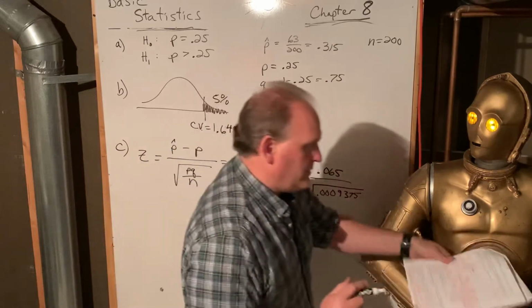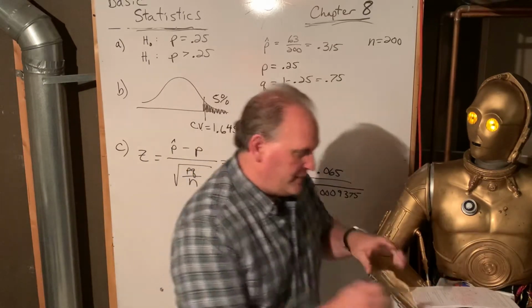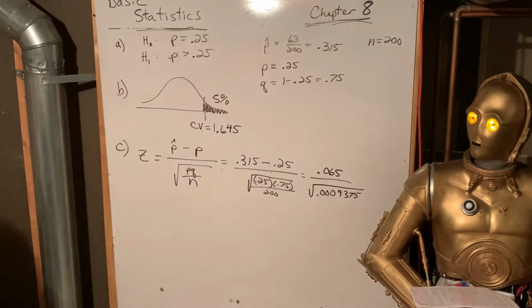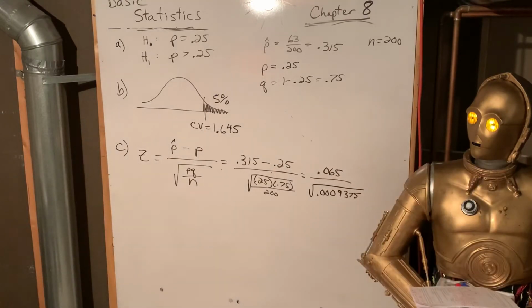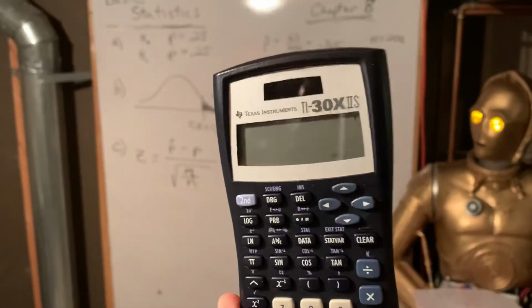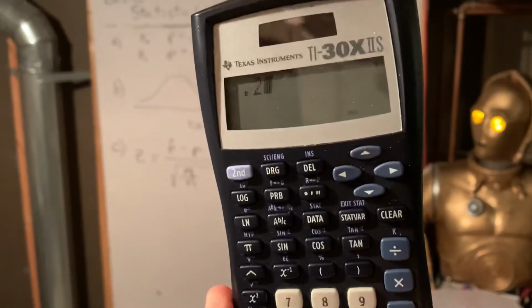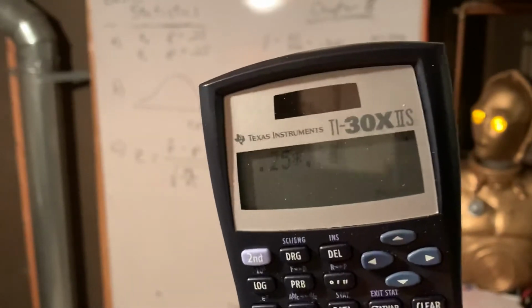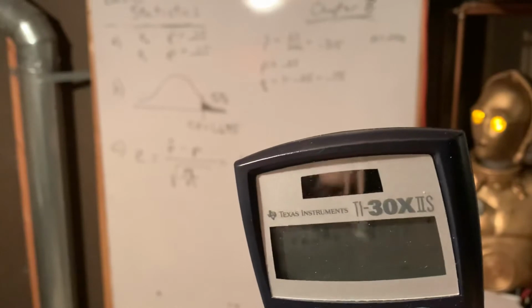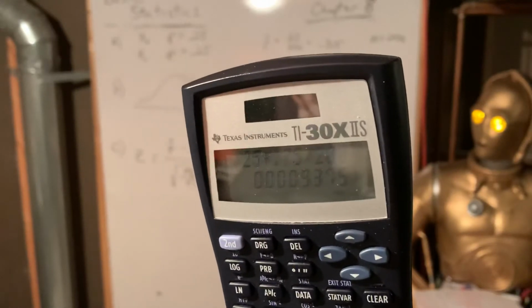Really quick, let me show you on the calculator because people mess this up. On my calculator, if I take 0.25 times 0.75 divided by 200, this one just reads it out nicely.